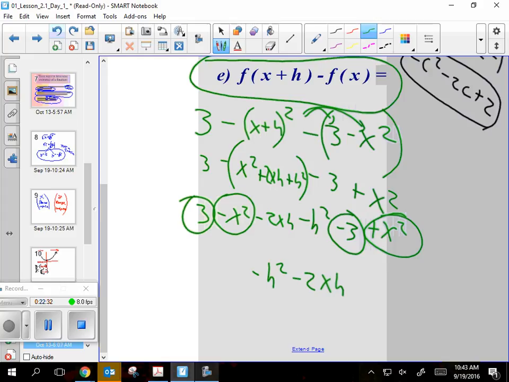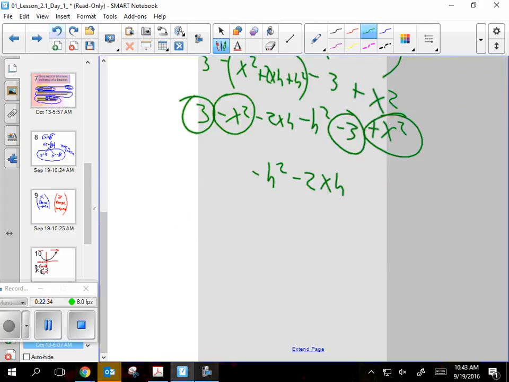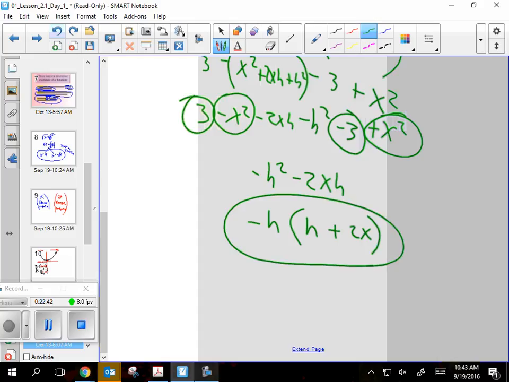That's okay. And the last thing is if you can factor it, you should. So I can take out a negative h and then have h plus 2x. That's the same thing as this, except it's factored, and that's always a good thing. All right, so I'm okay with either of those two answers.